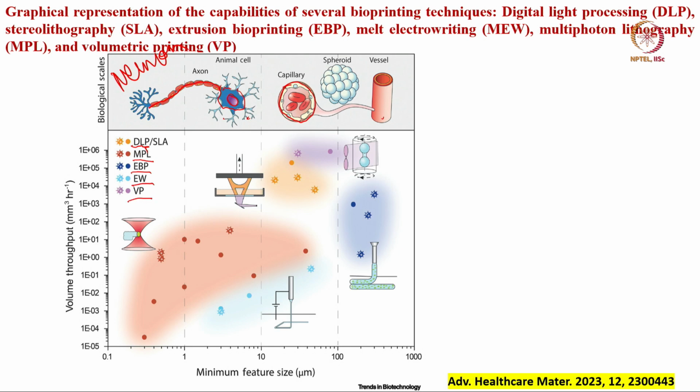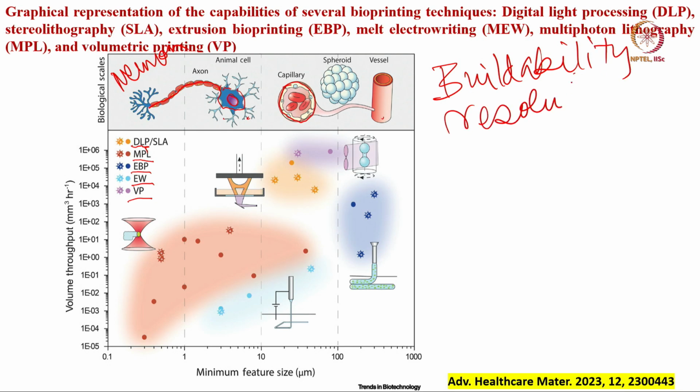Volumetric printing essentially means that you are able to create large volume structures, but there should be a trade-off between buildability and resolution of the structure.